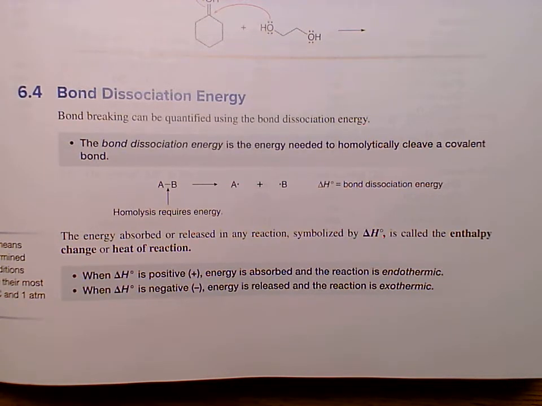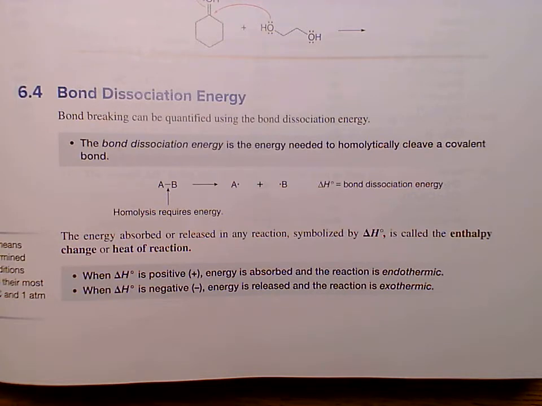Now, whether the overall reaction is endothermic or exothermic depends on how much energy you had to add to break the bonds compared to how much energy you got back when the bonds formed. If the bonds that get formed are more stable, lower in energy than the bonds that got broken, that means it took less energy to break the bonds.